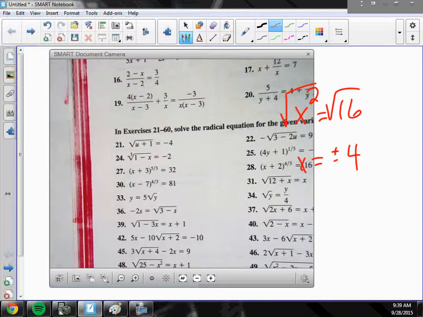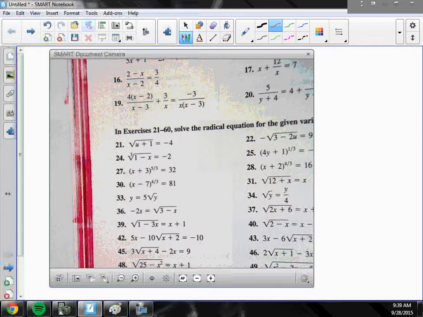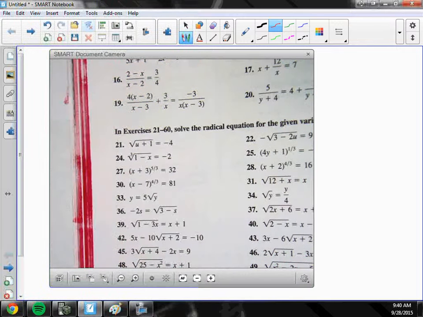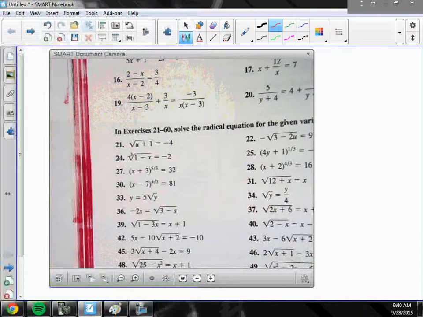And in this case, we have the positive version of the square root equaling the negative version of the answer, which can't happen. So in this case, I should have automatically looked at it and said, there's no solution. There's no point in even bothering. So when do you have a square root equation that has no solution? When a positive square root equals a negative number.